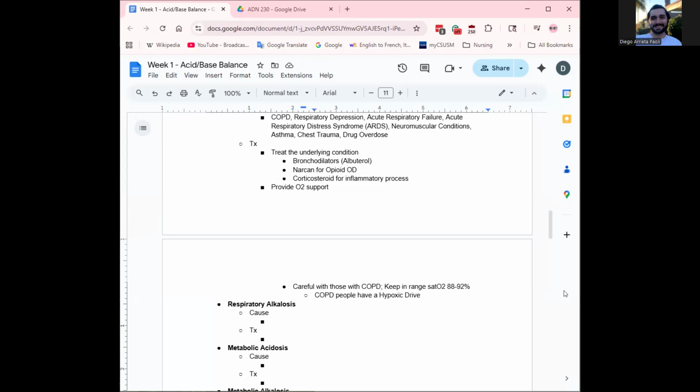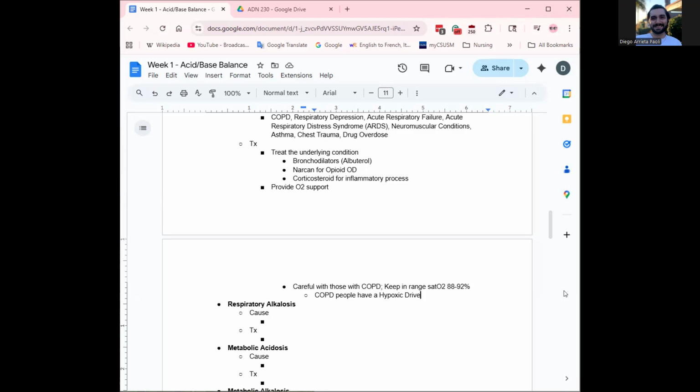Because remember, carbon dioxide is a waste product. So the main motivator for breathing is actually to get rid of your waste product, get some O2 because your body needs it for the Krebs cycle, and then that's it. But people with COPD, because they retain carbon dioxide, their bodies chronically have a high buildup of carbon dioxide. So the chemical receptors that tell them it's time to breathe change over and adapt, and their bodies now no longer decide to breathe because of high CO2.